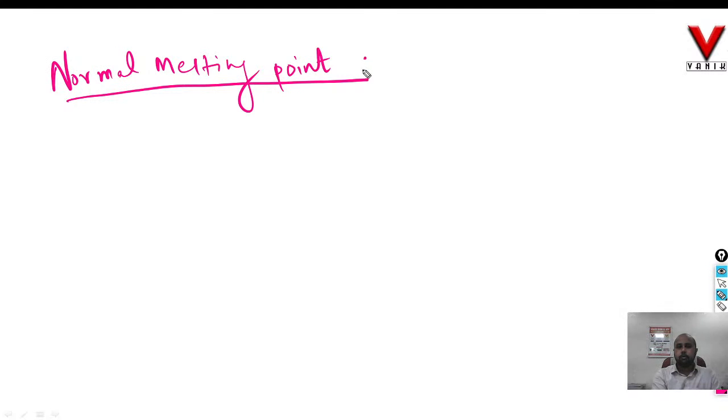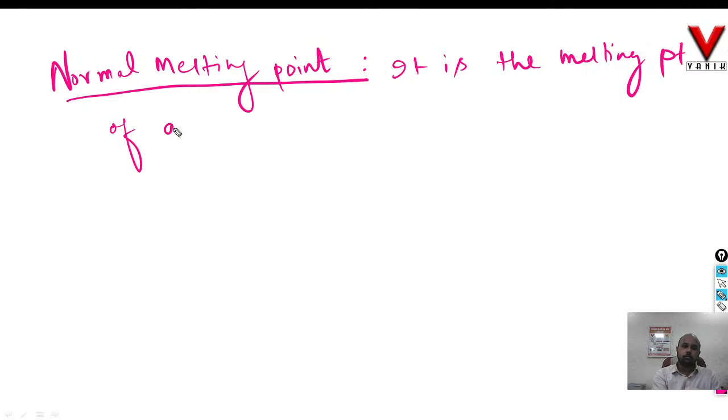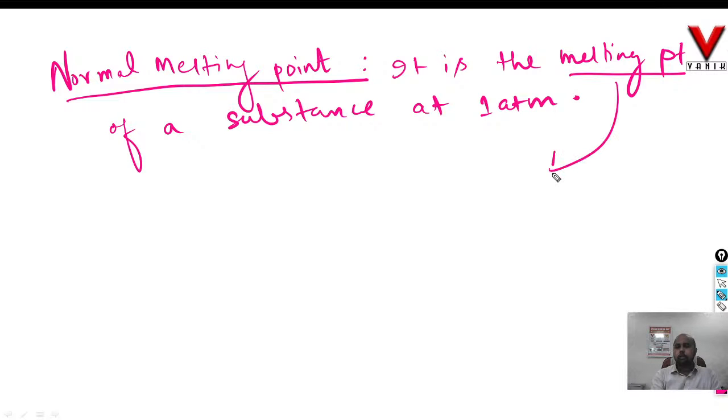Moving to the next, your melting point, or normal melting point. If I talk about normal melting point, then you can write it is the melting point of a substance at 1 atm or 1 atmospheric pressure. So what is the melting point?